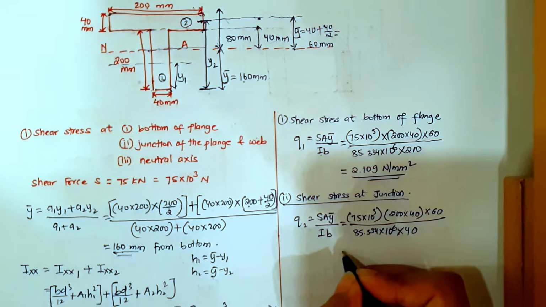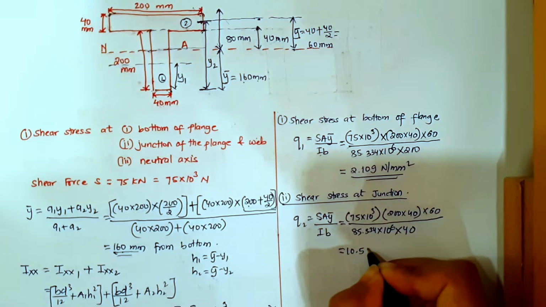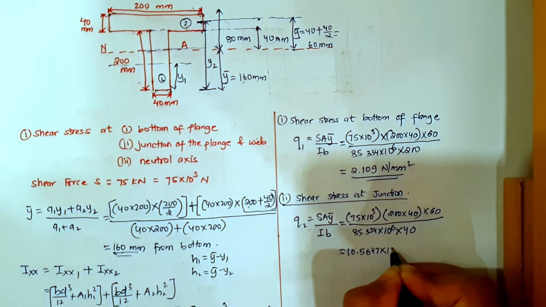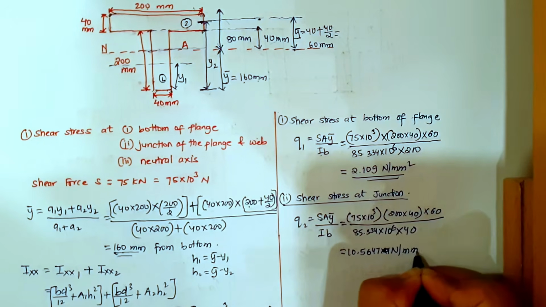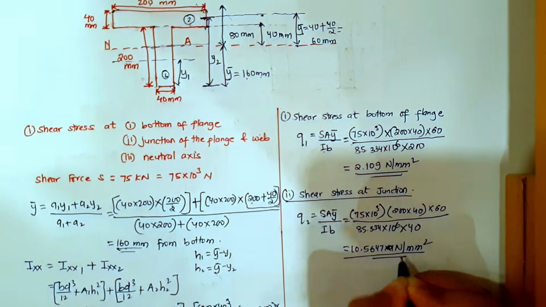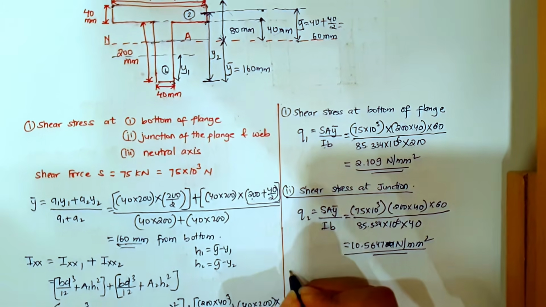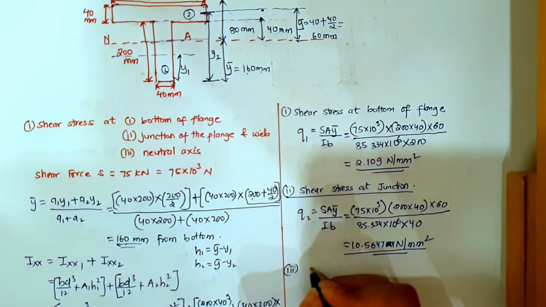So this will be coming equal to 10.5647 Newton per mm square. So this is the shear stress at junction. Okay, now the third one, shear stress at neutral axis.